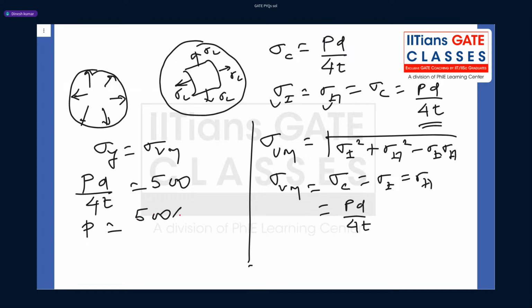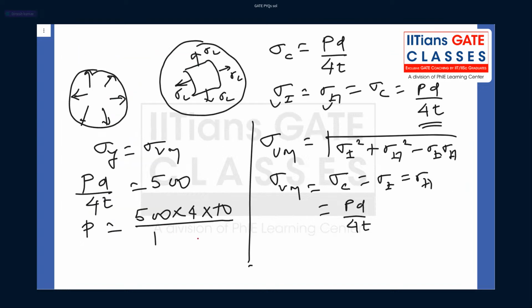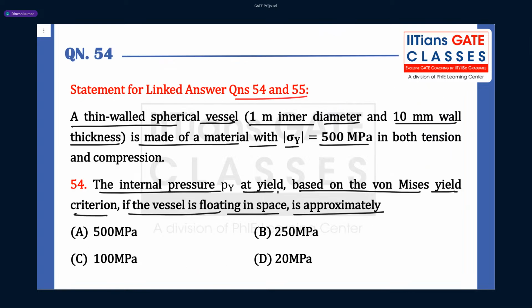It is 500 into 4 into 10 upon the diameter. What is the diameter? I think it is given as 1 meter, 1000 mm. So from here we find P equal to 20 megapascal. So at yield your pressure will be equal to 20 megapascal, so option D is correct.